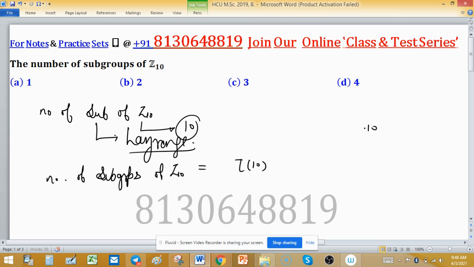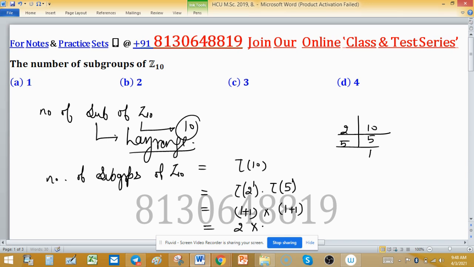The prime factorization of 10 is 2 times 5, each with power 1. So tau 2 into tau 5, which is (1 plus 1) into (1 plus 1). So the value is 2 into 2, which means 4.